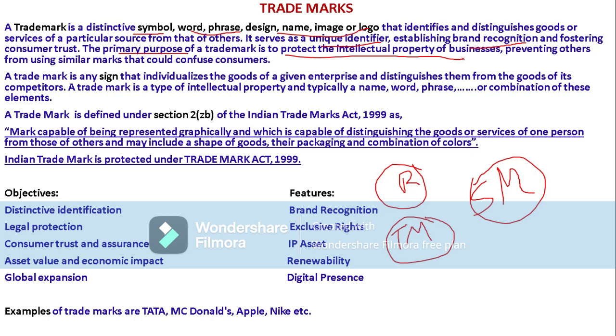Trademarks are considered as an asset of the business. They are intangible, so they are considered as intangible assets. They are shown on the asset side of a balance sheet. So the main purpose of a trademark is to protect the intellectual property of businesses, preventing others from using similar marks.